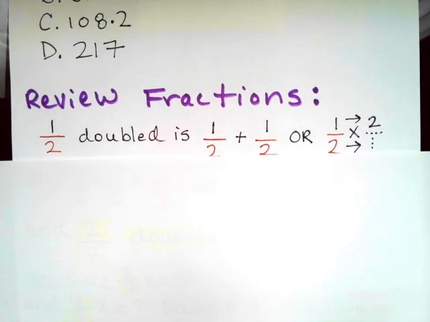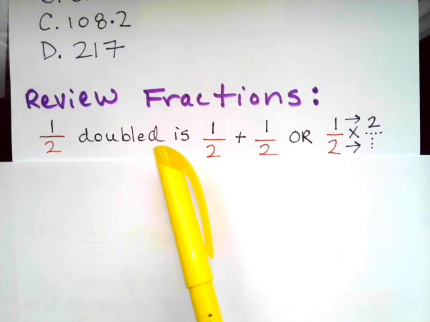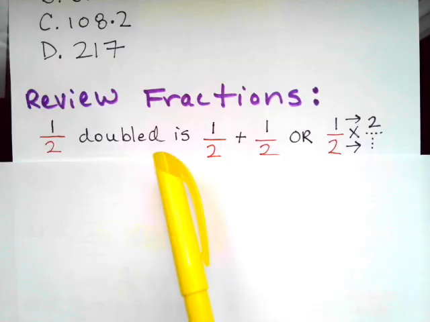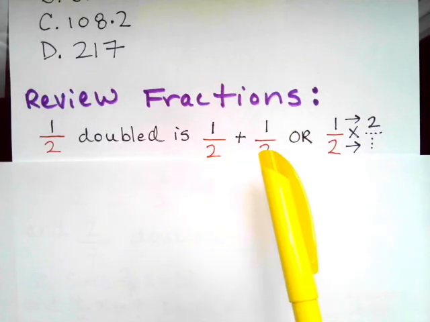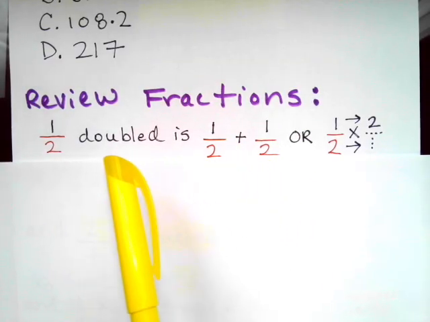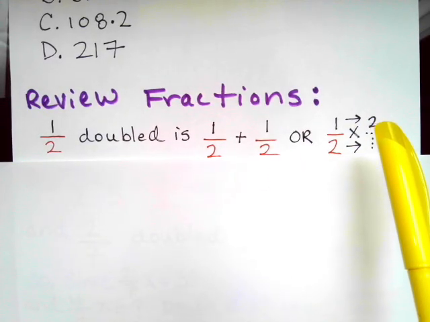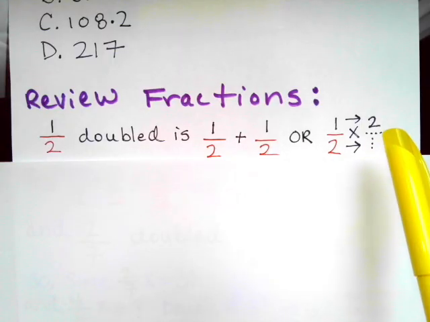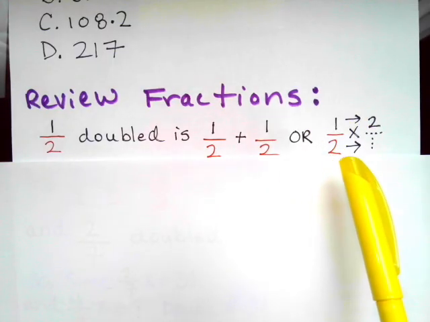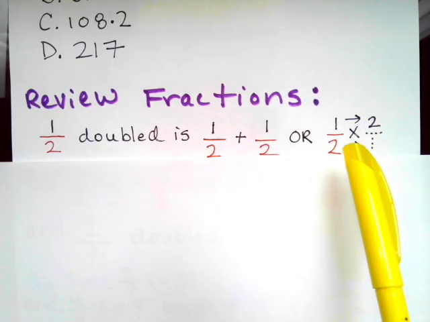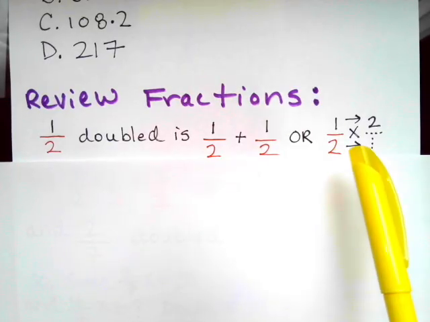If I take 1/2 and I want to double it, 1/2 doubled is 1/2 plus 1/2. Or another way to say that is 1/2 times 2. Remember, I teach invisible ones. Every value is a fraction, whether it's an invisible one or a given value in the denominator's place.